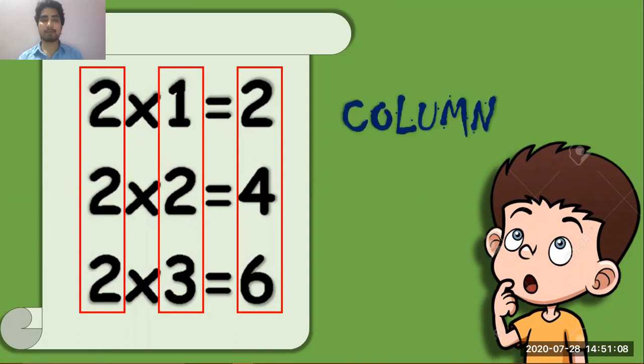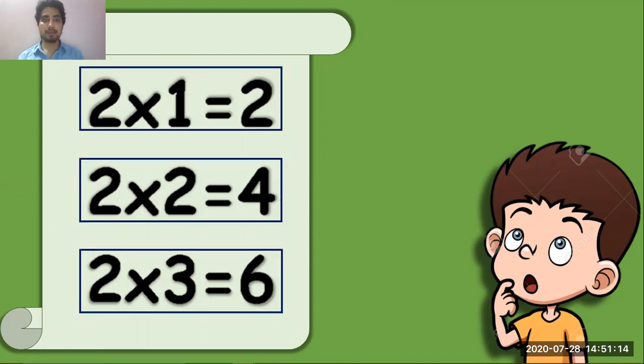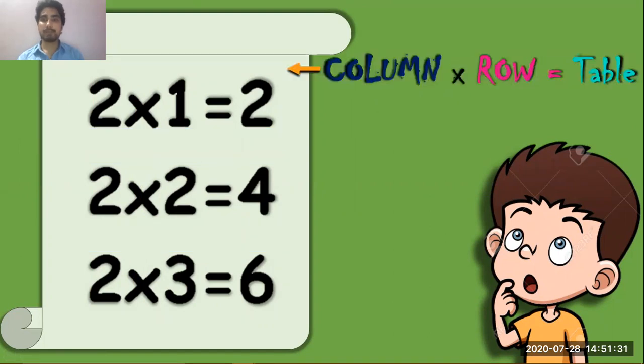So that's why we call it a column. And then again, the data are also arranged horizontally. So this horizontal alignment of data is called a row. So there are columns and rows in this, and that's why we call it a table. So wherever the columns and rows both are there, it will be called a table.